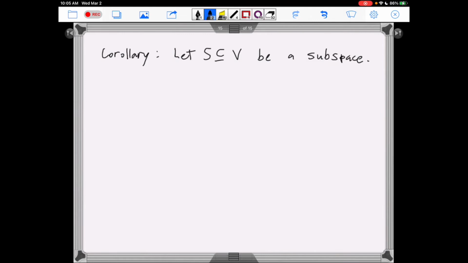In other words, it's its own vector space. Then the dimension of S is less than or equal to the dimension of V. So if you're a subspace living inside of a vector space, it makes sense, I hope, that the dimension of that space cannot exceed the dimension of the whole space. It must be less than or equal to it.